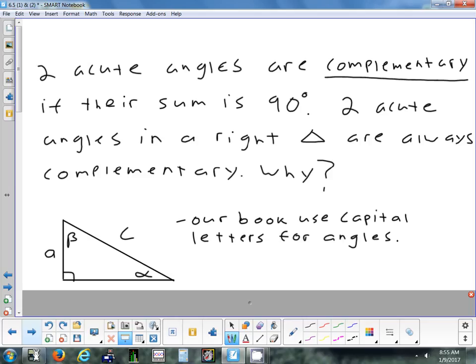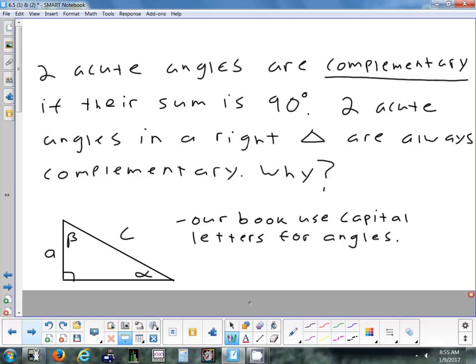Because you have to add up to 180, and if you have a 90-degree angle, the two have to add up to 90. Exactly. Everybody get that? You've already used 90 for the right angle.